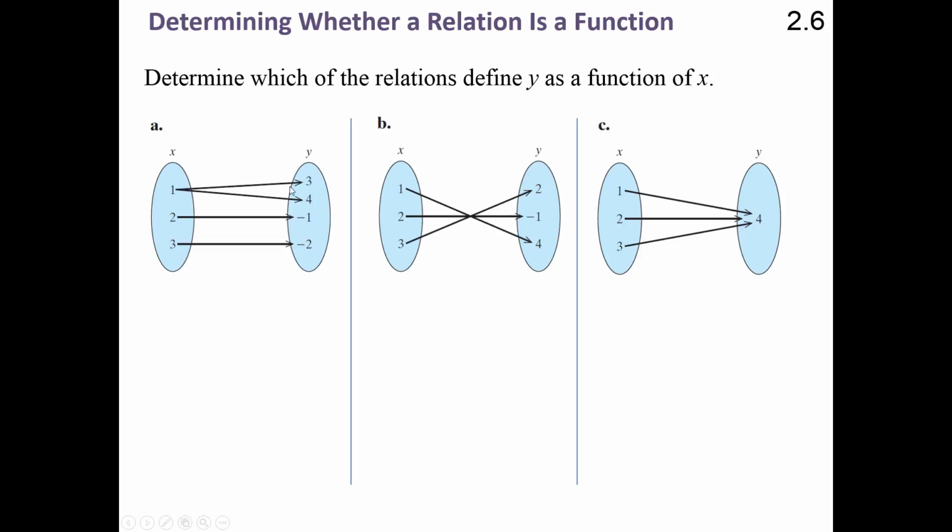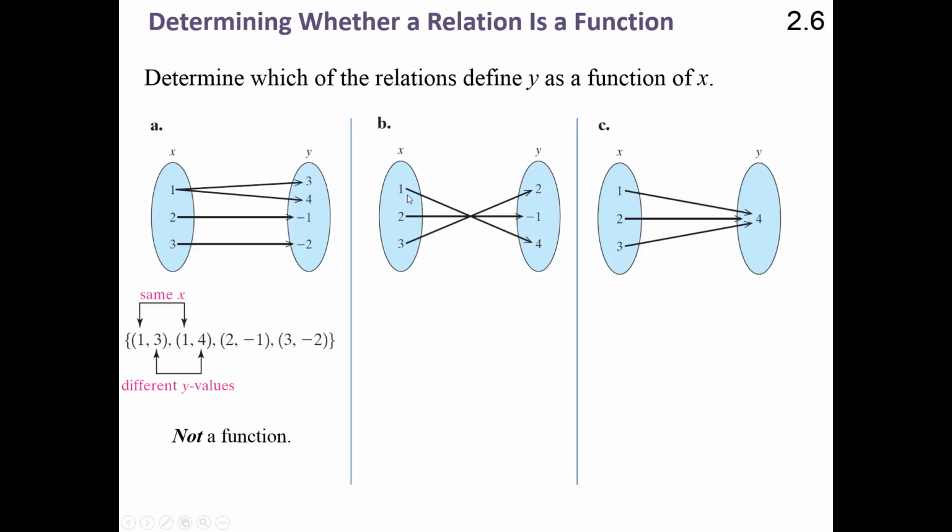So if you wrote the ordered pairs in this relation, the ordered pairs would be (1, 3) and (1, 4). Well, this is exactly a case where one element in the domain is associated with 2 elements in the range, and that violates the definition of a function. So because 1 is associated with 3 and 1 is associated with 4, this relation does not represent a function.